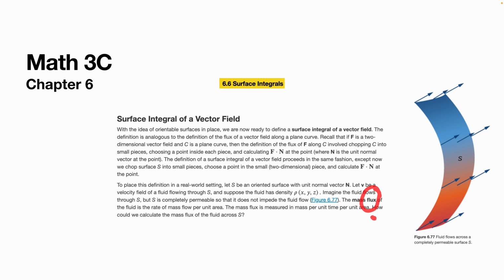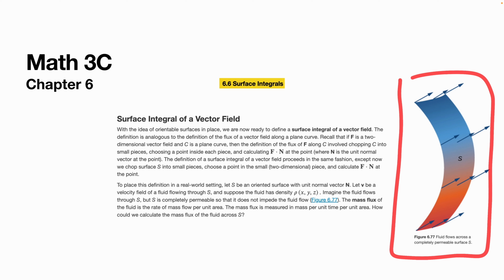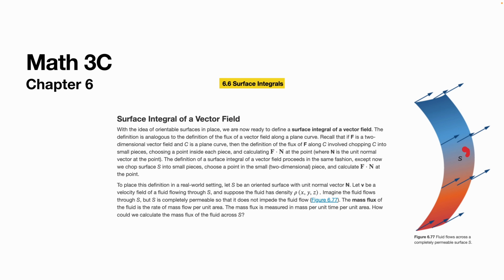But the notion is to motivate flux. And flux is something that you have seen before, and we'll come back to that. Let's look at the picture off to the right. We can see that we have a surface S, and then we have some vectors emanating from the surface. If you focus on these vectors, they look like they might be normal.